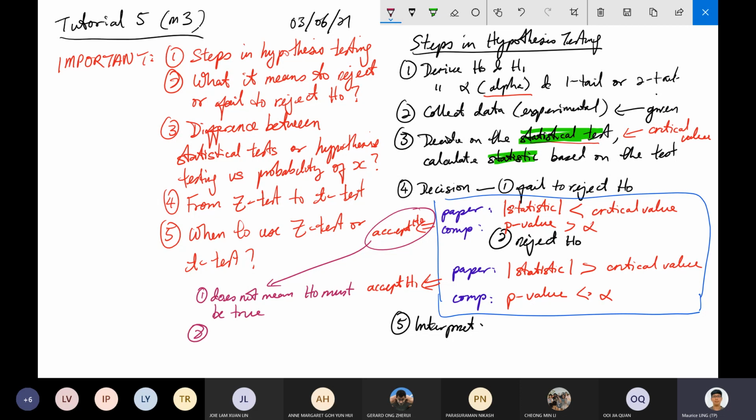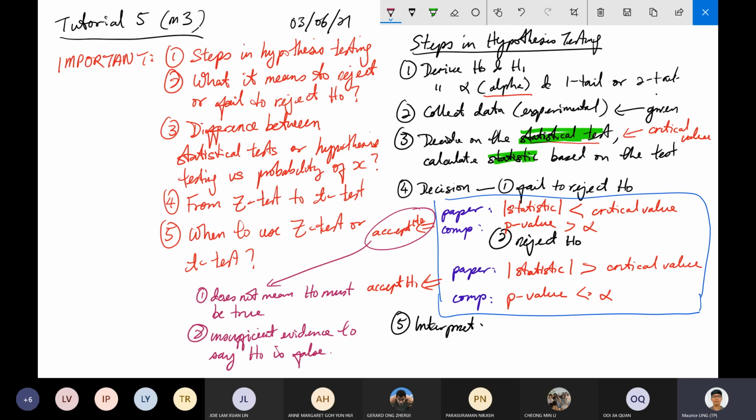What it really means is there is insufficient evidence to say the null hypothesis is false. There's just insufficient evidence.